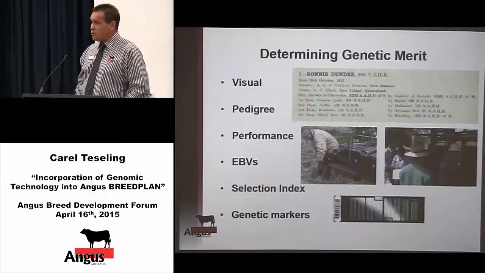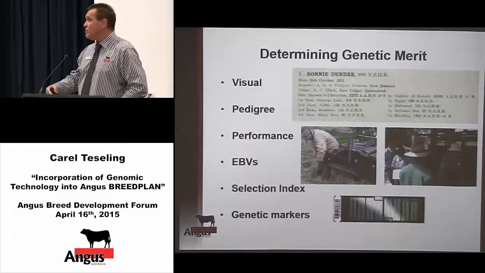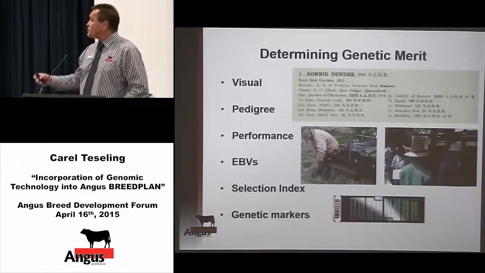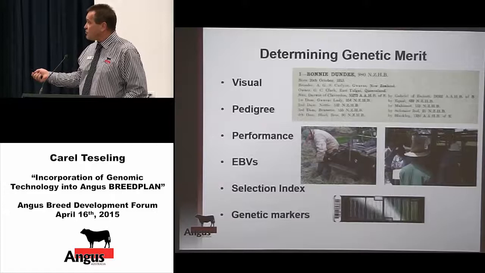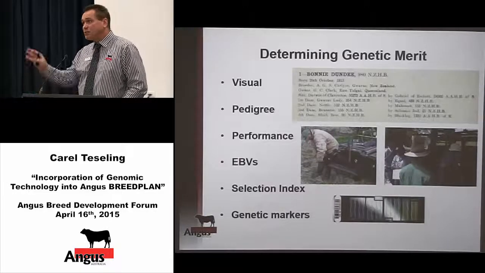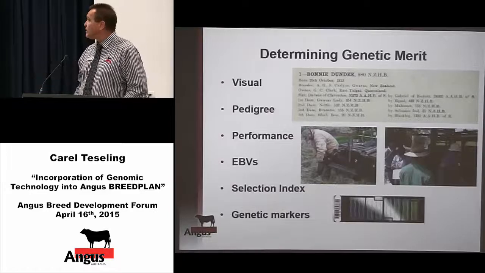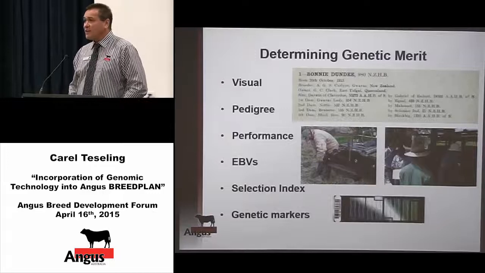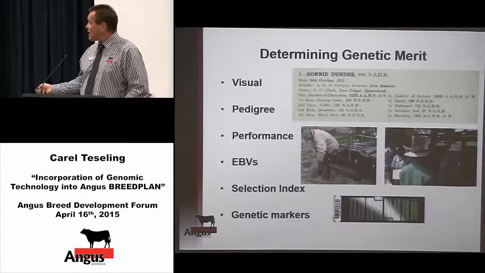Pedigree, of course, is important as well, and for many decades people have only really had those two, where they had the visual, and then, of course, where they keep track of pedigrees, you just make sure which lines are there. Then, in my lifetime, certainly, performance has started to come into play.